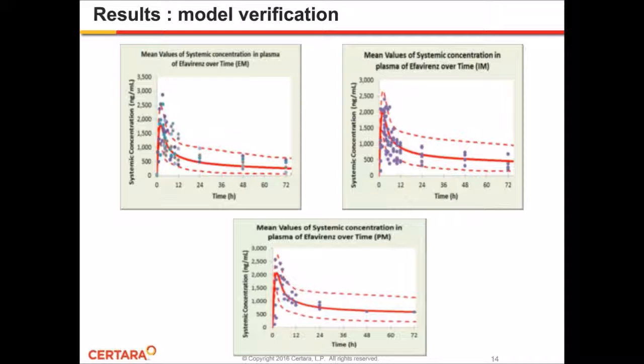The dashed red line represents the 95 and 5% percentile, and the dots represent clinically measured patient concentration. And as you'll see, there's a fairly good recovery of the clinical data. Similarly with intermediate metabolizers, which are on the top right-hand side, and the poor metabolizers, which are at the bottom.